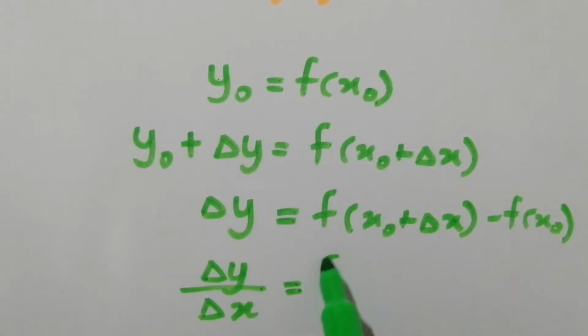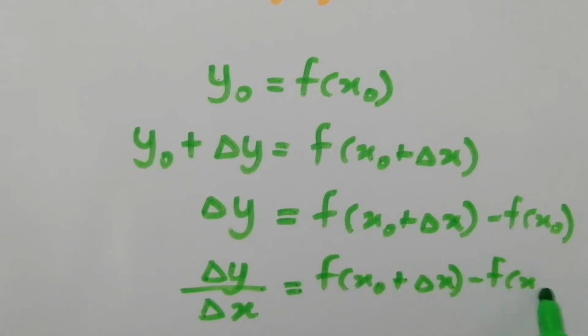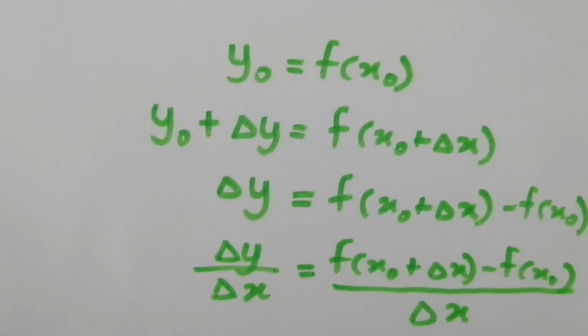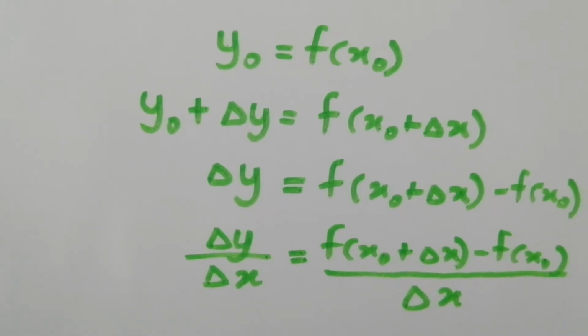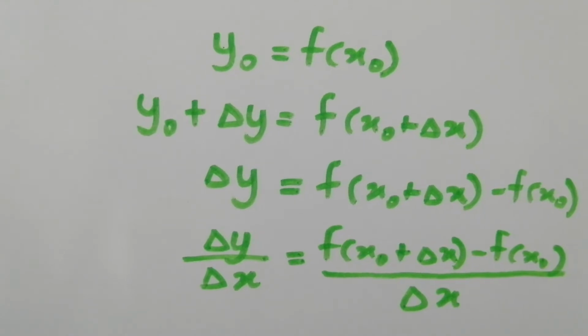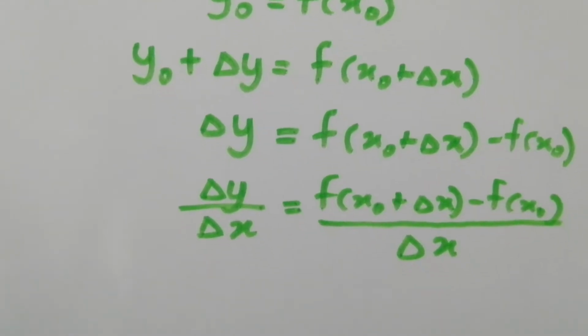It is equal to f(x0 plus delta x) minus f(x0) upon delta x. This is known as the incremental ratio, and the limit when delta x approaches 0 is known as the differential coefficient or the derivative of the function at the point x equal x0.